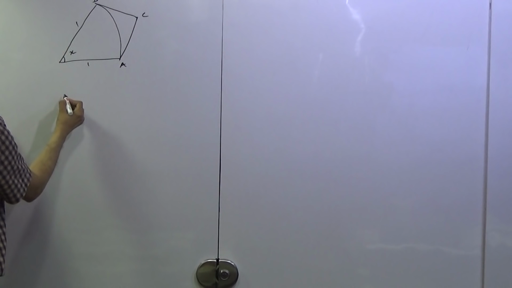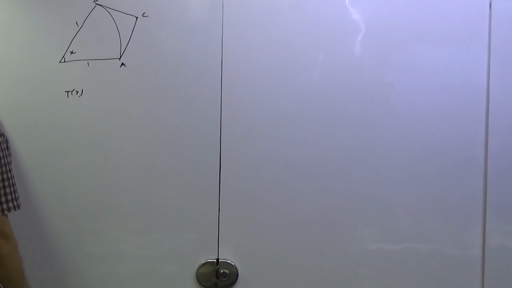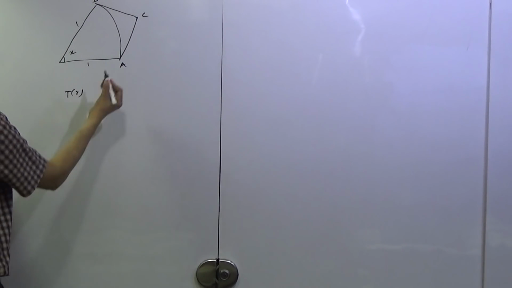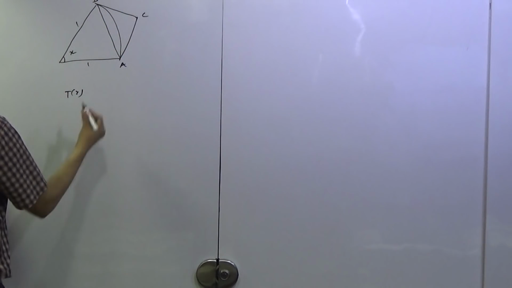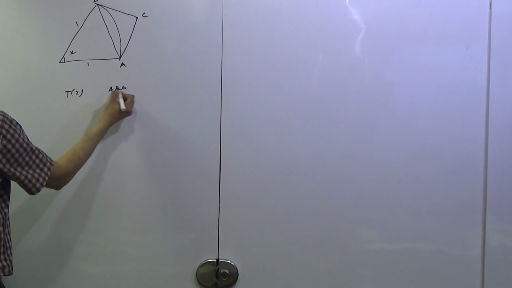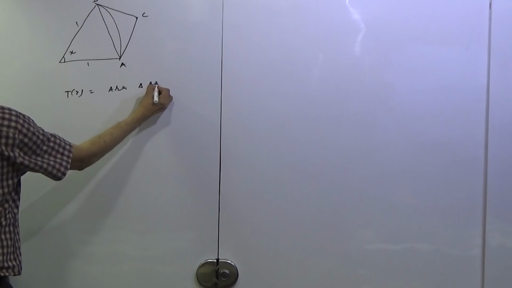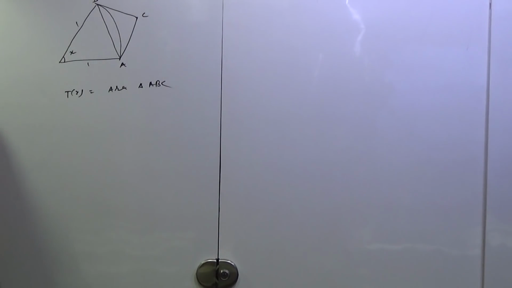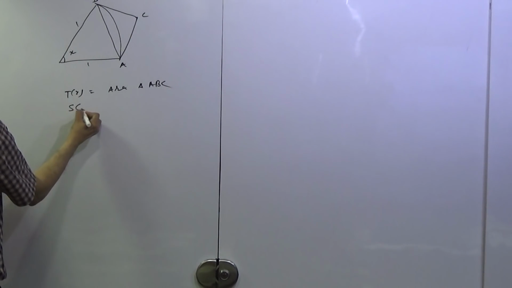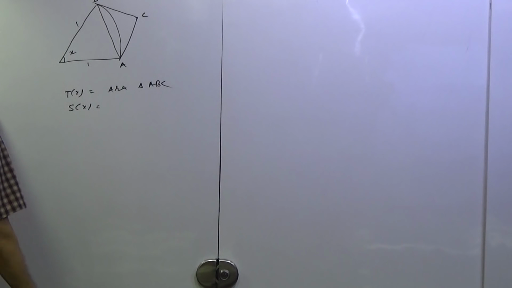Let T of x be the area of triangle ABC. Area of triangle ABC, I will join this. And S of x is the area of the shaded region.